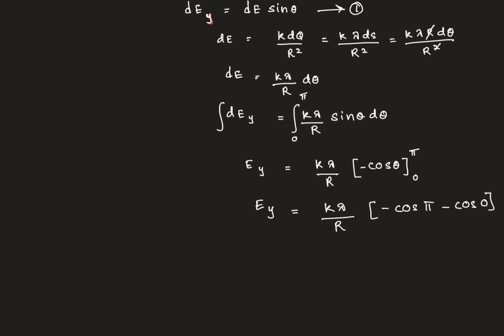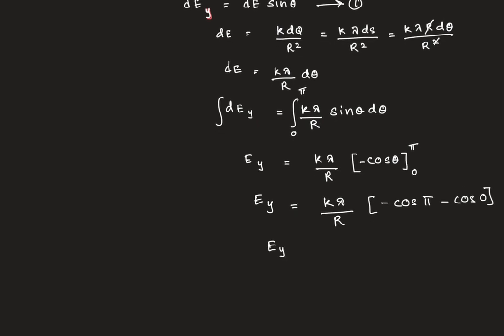So you will have Ey equals k lambda over r, and minus cosine pi is plus 1. Minus is positive actually, because I forgot to distribute the negative sign, and there you have another one.